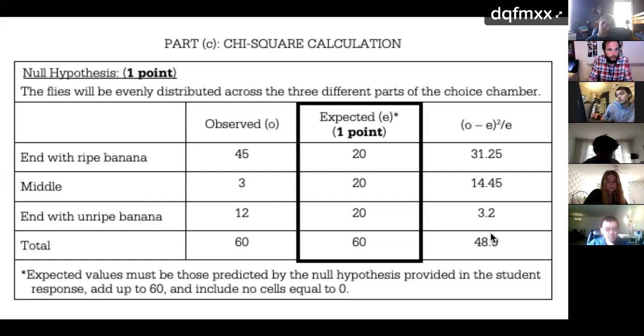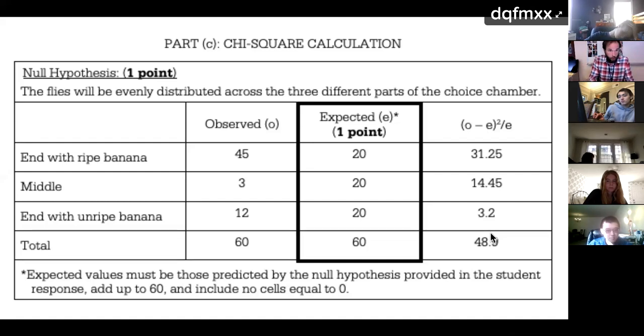I was going to say, doesn't it say on the bottom that no subs can equal 0? I have no idea what you just said. I'm sorry. Doesn't it say on the bottom to include no subs equal to 0? What is that supposed to mean? That's if the null hypothesis is different from the one that's posed here. In this case, their null hypothesis was that there was no preference for the flies in any of the 3 regions of that chamber, so there can't be a 0 there.